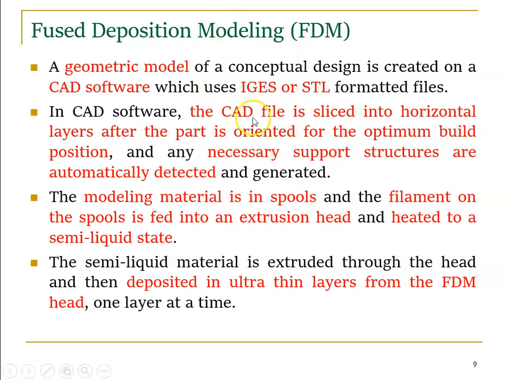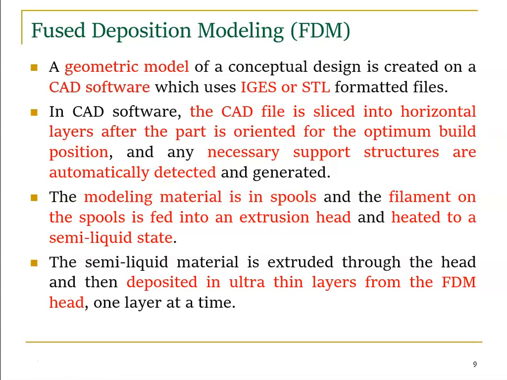So in the software, the CAD file is sliced into horizontal layers after the part is oriented in the optimum build position, and any necessary support structures are automatically detected and generated. So here you need to know some important points. One is, we uploaded the STL file in the system. The software system does the slicing operation.